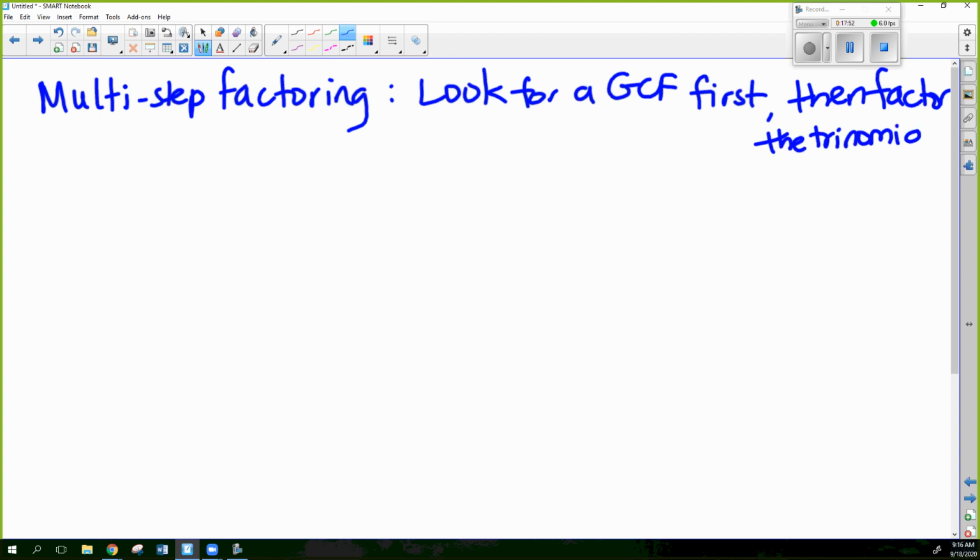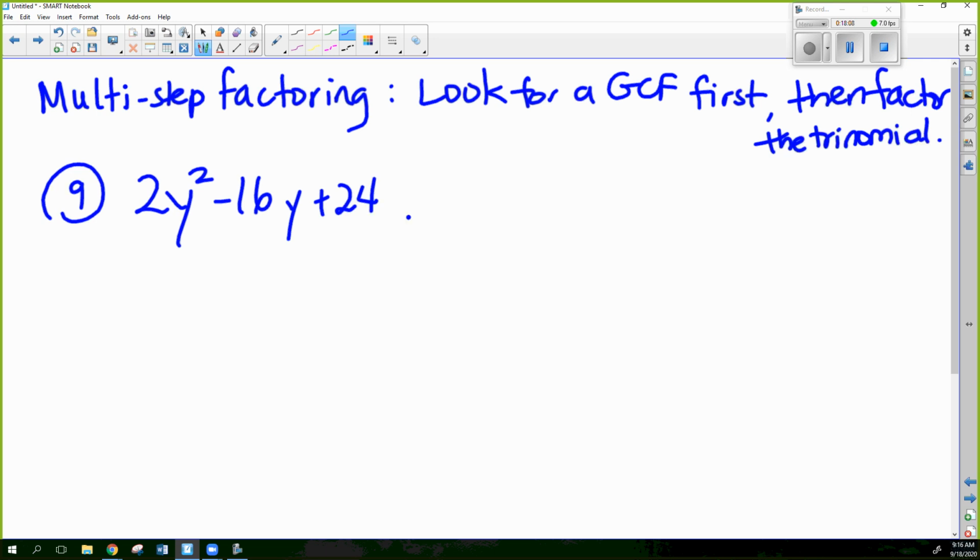So, how do I know that I should probably look for a GCF in the first place? It starts with a number instead of just the letter squared. That's your indication that you should absolutely look for a GCF first. So now we're putting the two things we've talked about today together.